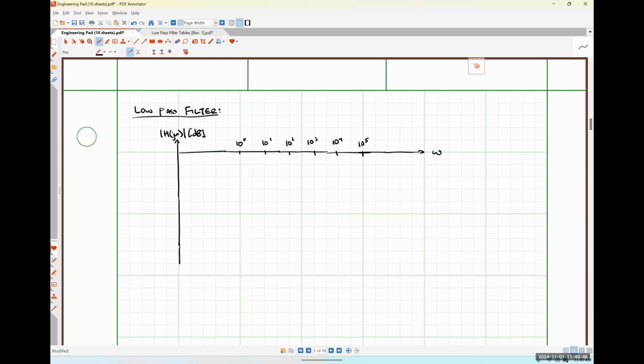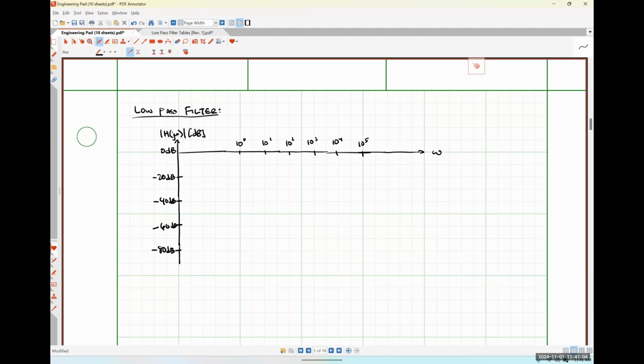I need to make sure that the space on this side is legit. So let's put this at 0 dB, minus 20, minus 40, minus 60, and so on and so forth.